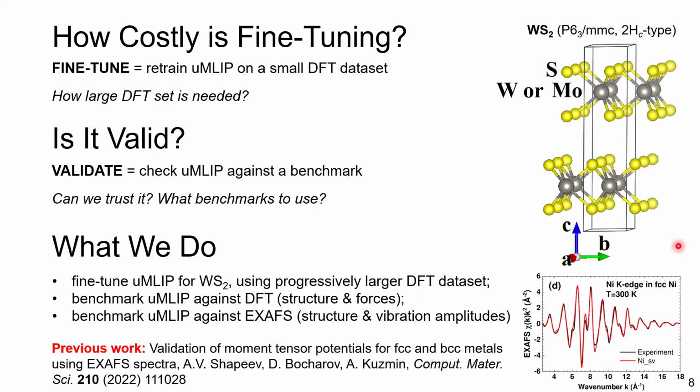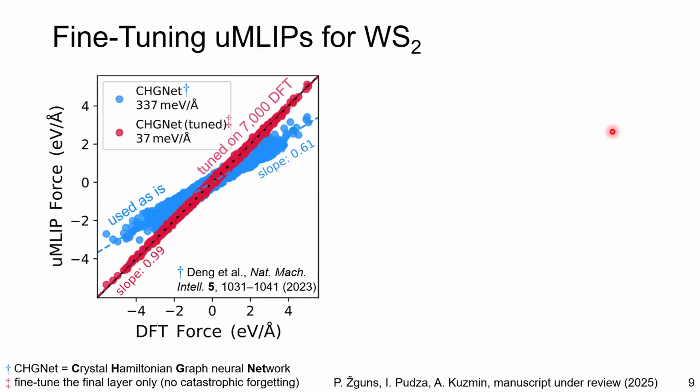But here we would like to go to a little bit more complex structure, so from cubic crystals to sulfides, and here we have also some van der Waals gap, which adds some complexity. Also, I must tell that practically none of the existing uMLIPs were trained on van der Waals interaction, so here we are kind of providing some extra quest for the training.